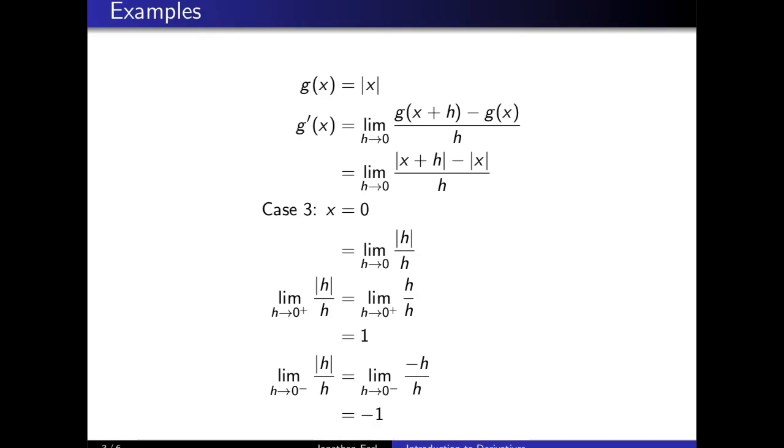But if we take the left limit, h is now negative, so the absolute value of h is minus h. We get the limit as h goes to 0 from the left of minus h over h, which is minus 1. So the left and the right limits don't agree, and that tells us that the derivative of the absolute value does not exist at x equals 0.